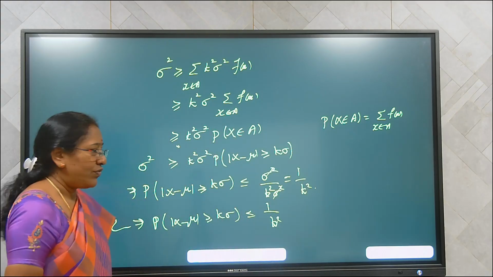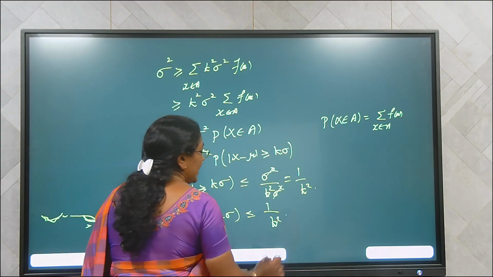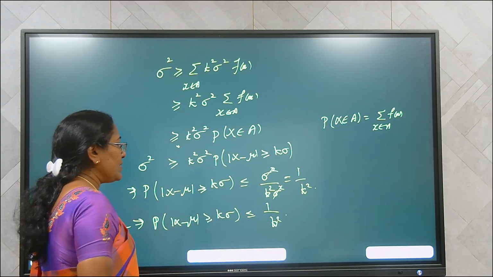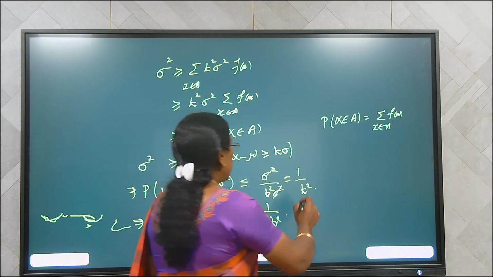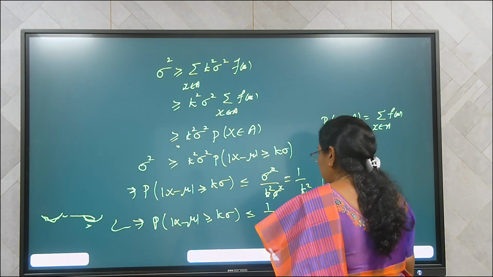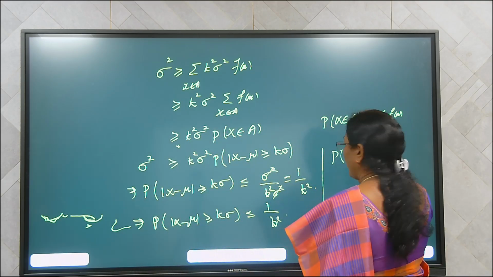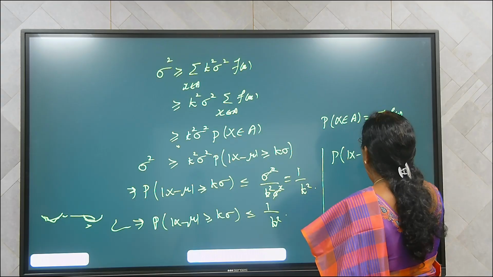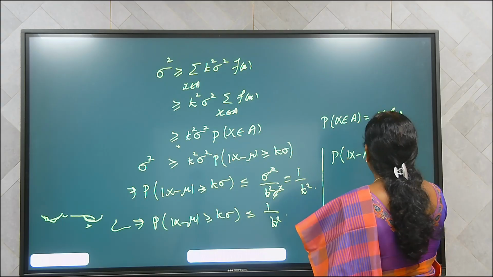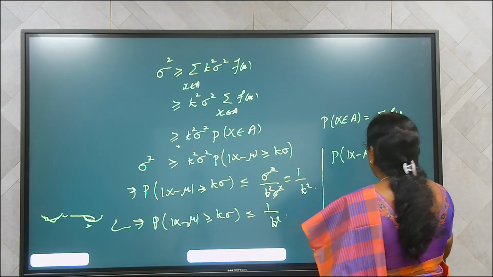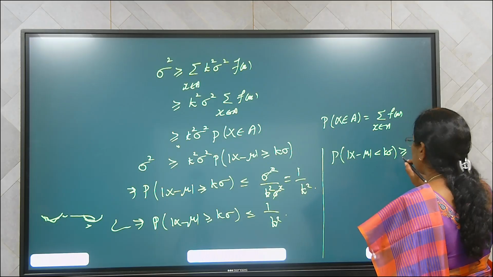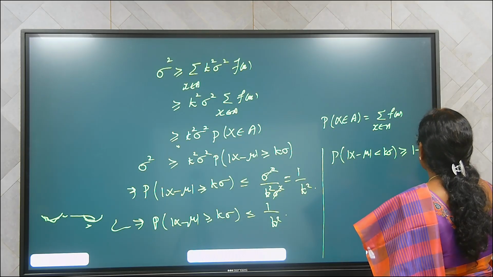Hence that is true. In the second part, we can reverse this inequality. So the probability of modulus of x minus mu less than k sigma is greater than or equal to 1 minus 1 by k square.